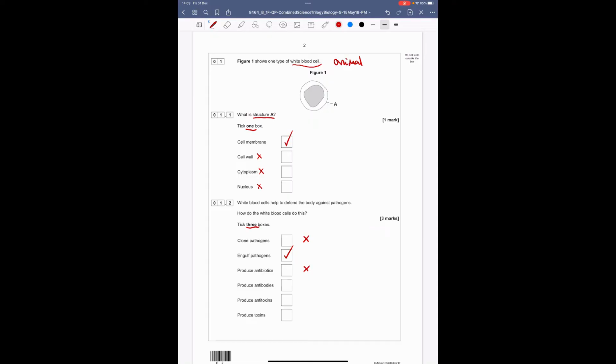So our white blood cells aren't going to make antibiotics, but they might, and they do, produce antibodies. Finally, you've got the options of producing antitoxins or toxins. Well, your white blood cells are there to defend you, so they're not going to be making toxins, so it's very much they produce the antitoxins to neutralize the toxins.